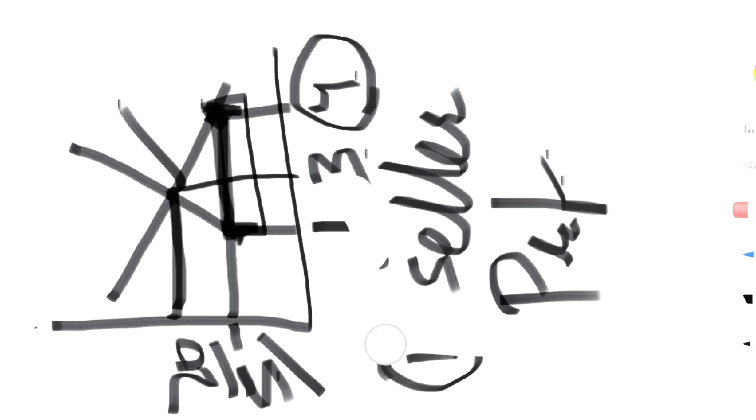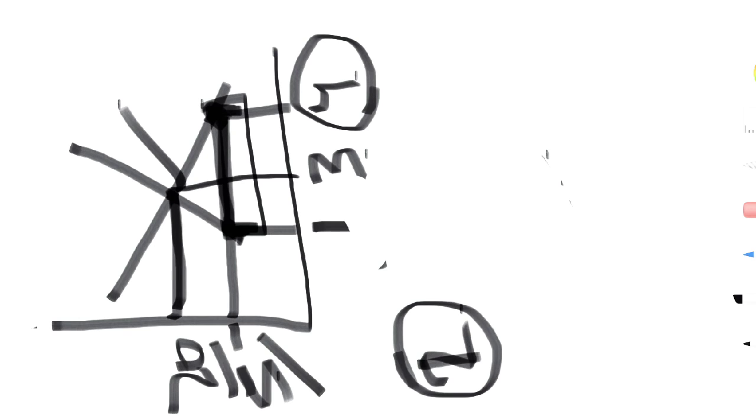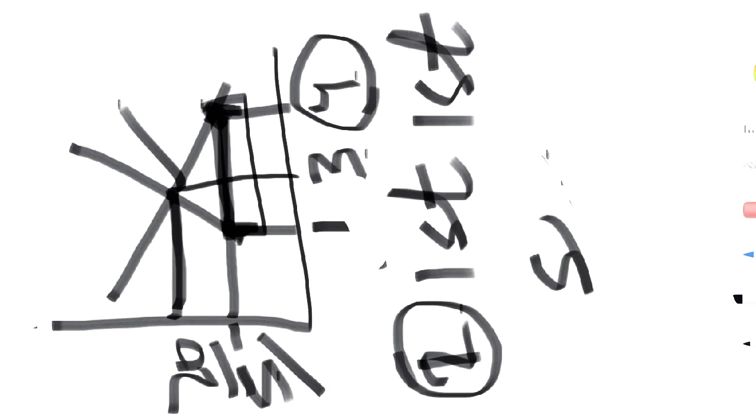What are the other things by which the seller will be selling his product? The other thing is first come, first serve. Whoever comes first, he'll get the product. Among these four, whoever comes first to the shopkeeper will be getting the product.